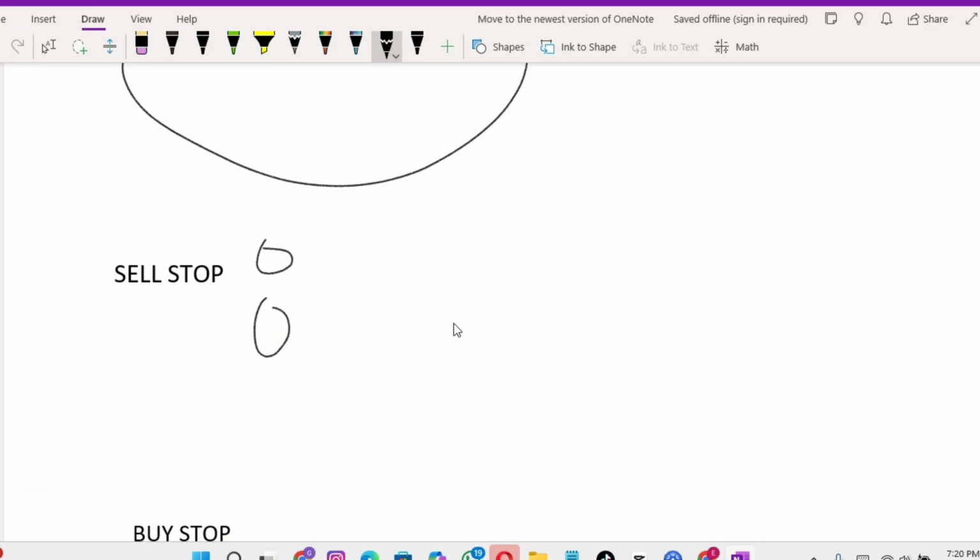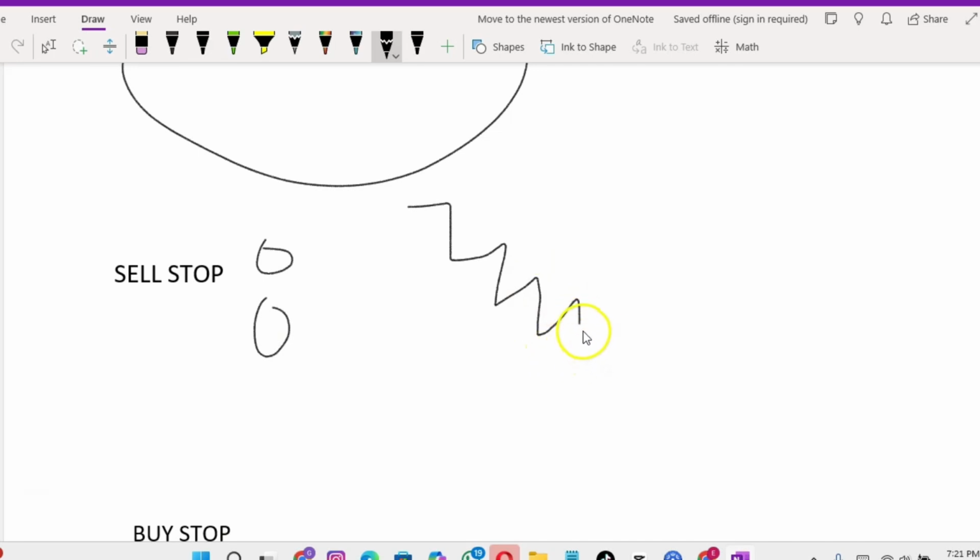I'll say it again: a sell stop is an order that allows you to sell a currency pair at a specified price below the current market price. For example, if the market is trending downward, meaning there are bears in that market, the market is selling. Now, you place a sell stop order.